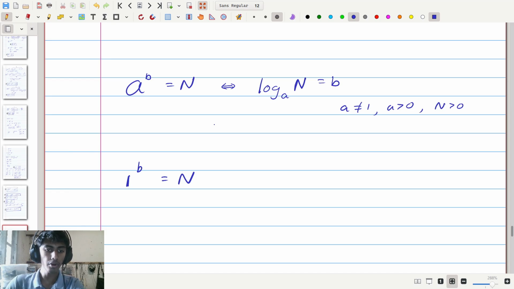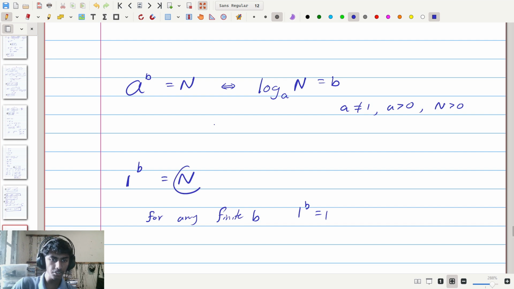For any finite b, 1 to the b is equal to 1, because multiplying the identity, 1, by itself any number of times is going to still leave you with just 1. So if n is anything other than 1, we cannot find what the logarithm is. We cannot find any b such that 1 to the b is not equal to 1.